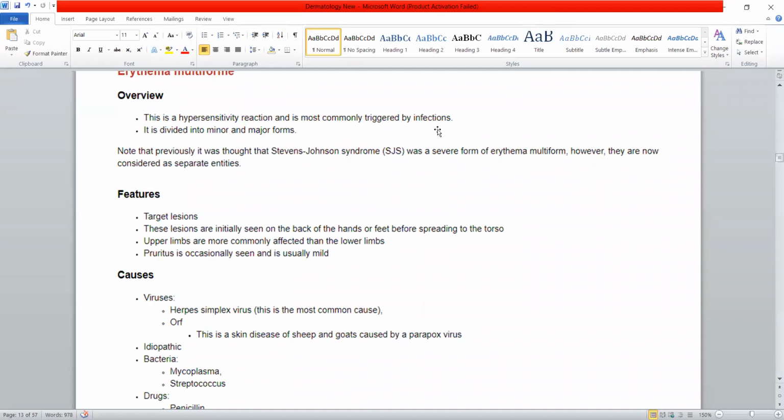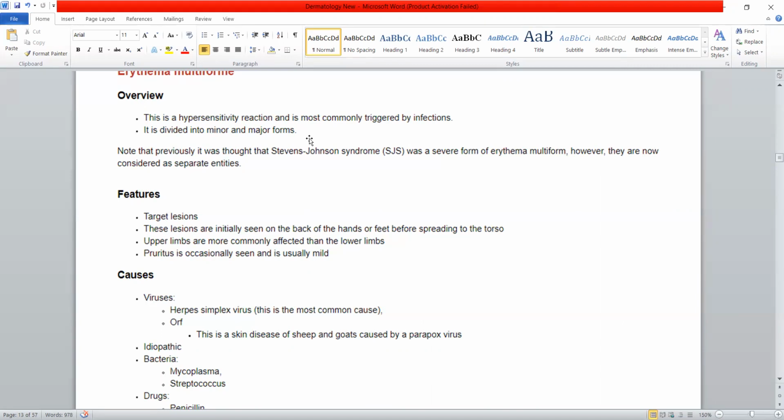Now erythema multiforme is also a hypersensitivity reaction, triggered by infections as well as some drugs. The most important drug that you need to remember for PLAB 1 that can trigger erythema multiforme is penicillin, such as amoxicillin.